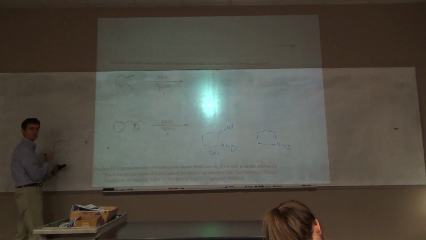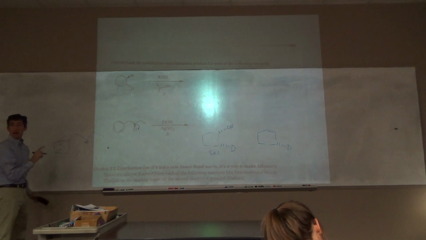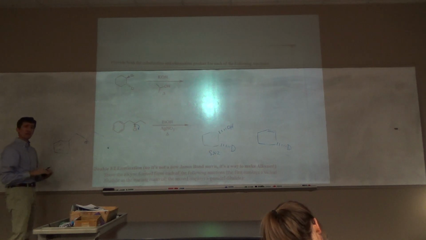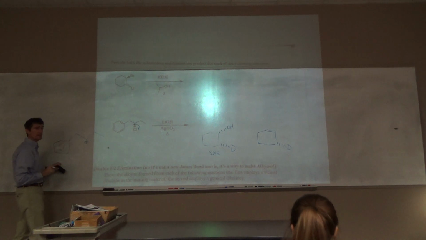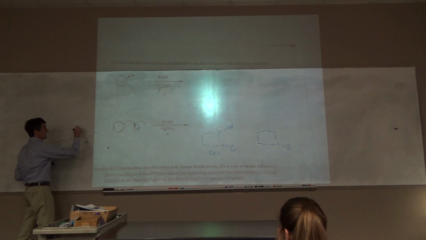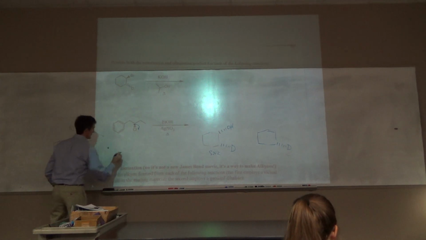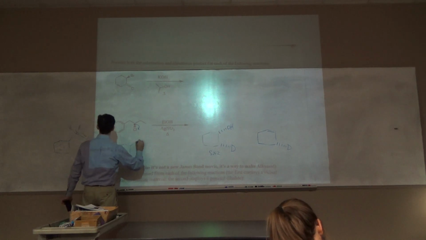What next? Ethanol attack here? It could. It's resonance. But anytime you can make a better cation, we want to do that. Can we rearrange to a better cation? Yeah. Got two H's here. We can do a hydride shift. Boom, boom, boom, boom. Get cation here instead.